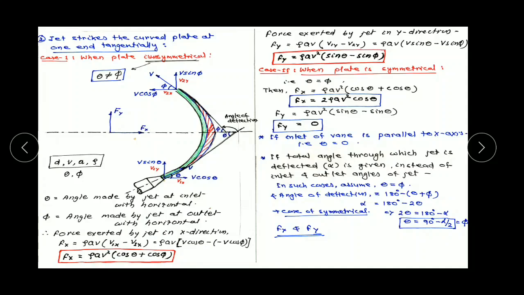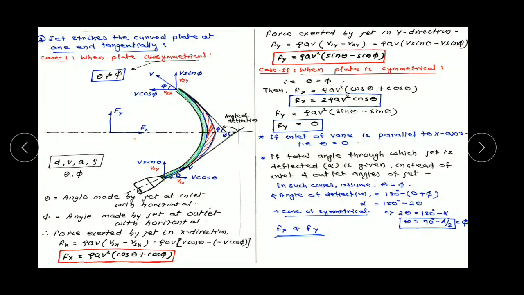Next, the force exerted by the jet perpendicular to the x direction, that is in the y direction. Fy equals mass per second into inlet velocity in the y direction minus final velocity in the y direction, that is v1y minus v2y. v1y equals v sin theta and v2y equals v sin phi.